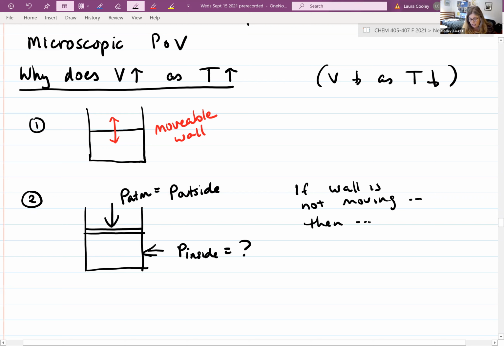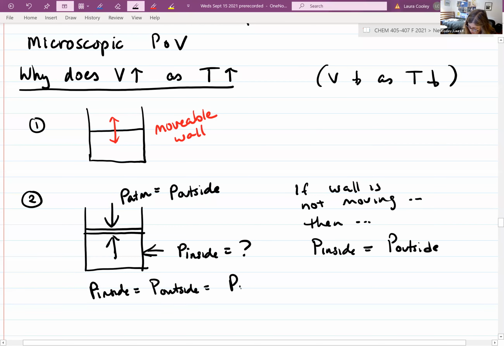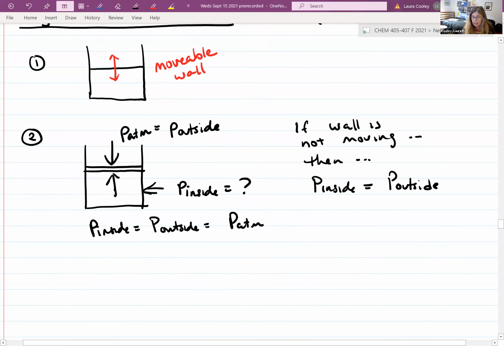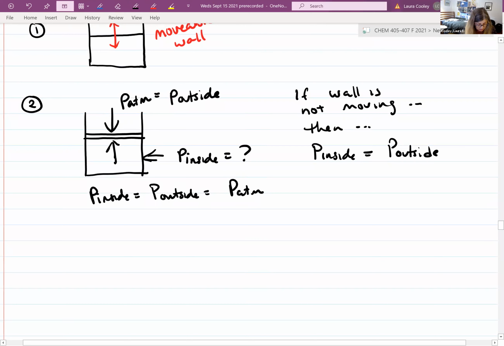Then we know that the pressure inside must equal the pressure outside. That's what we call mechanical equilibrium. Okay, so P inside equals P outside equals atmospheric pressure. So they would be equal if the wall is not moving.